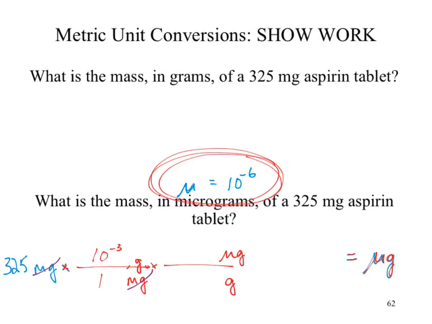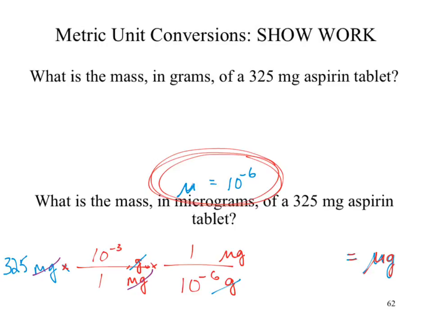The power of 10 shows up in front of our core unit, which happens to be in the denominator. What unit do I now have? Micrograms. What answer did I want? Micrograms. Guess what I can do? Punch it into the calculator and I'm now done.